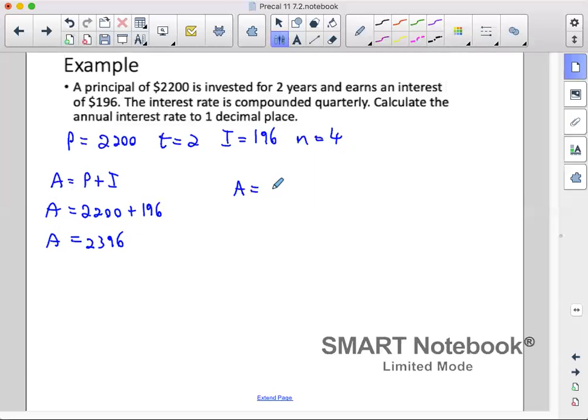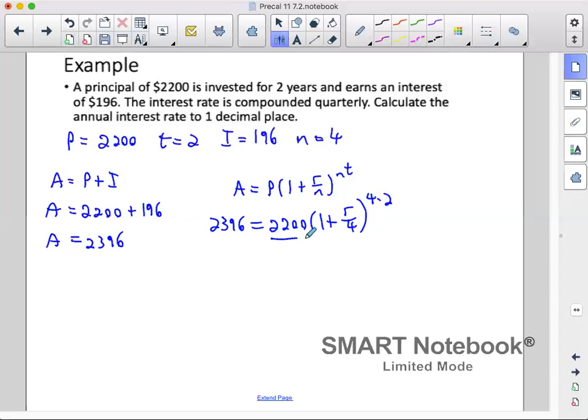Now we'll use our formula. A is equal to P times (1 plus R over N) to the NT. We'll put in our values and gradually rearrange. So we have our A value of 2,396 is equal to our P value of 2,200 times (1 plus our R, which we're trying to solve for, over 4) to a power of 4 times our time of 2 years.